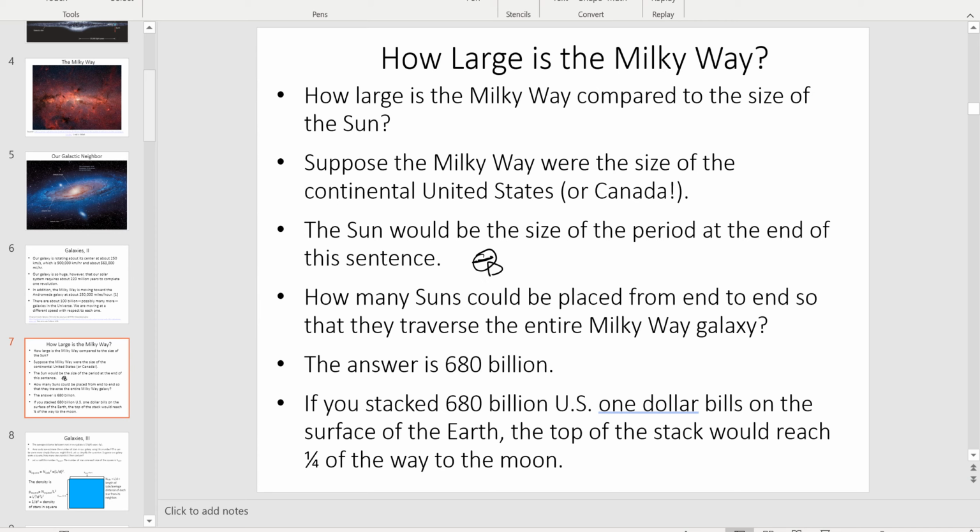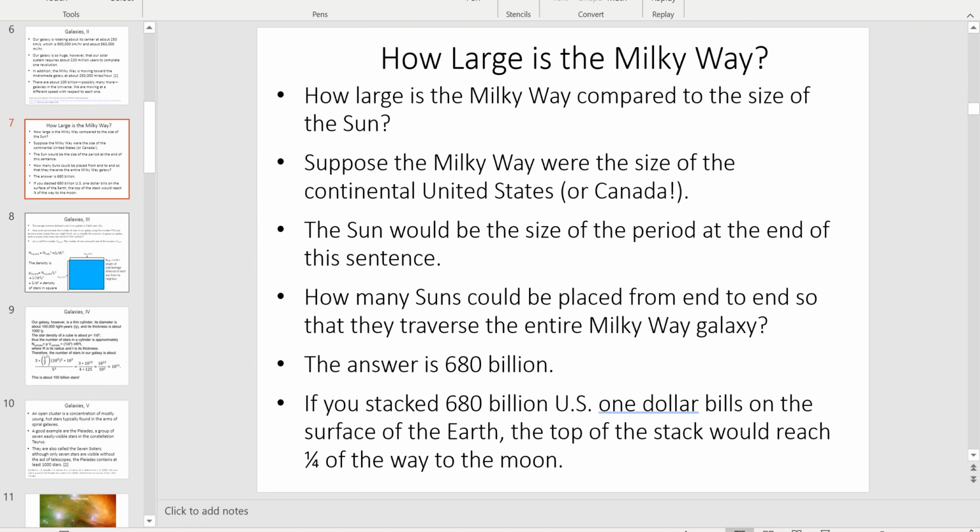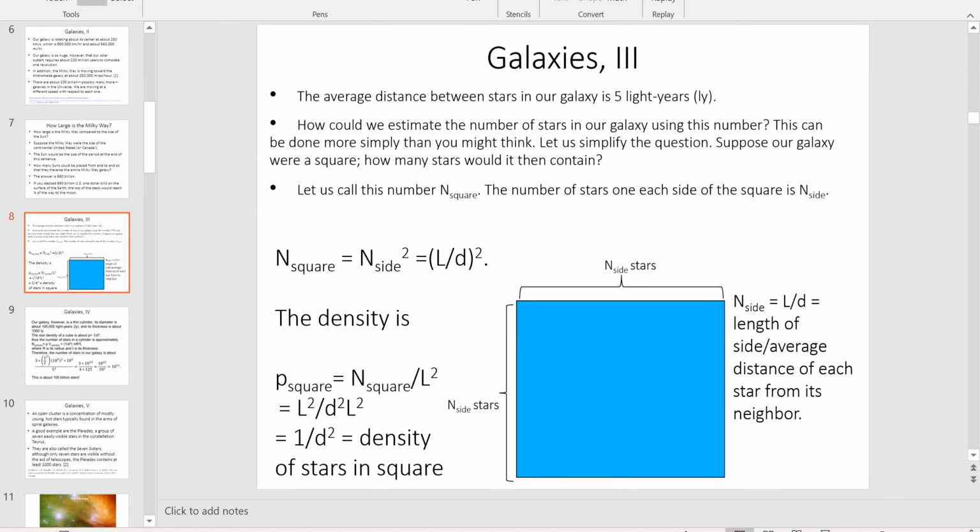I'm not going to be able to do this to scale. It's something like this, possibly. This is the Milky Way. And then this would be the Andromeda galaxy. And this is our closest galactic neighbor. Okay, I think that you maybe get the point with that. I won't belabor the point any further.